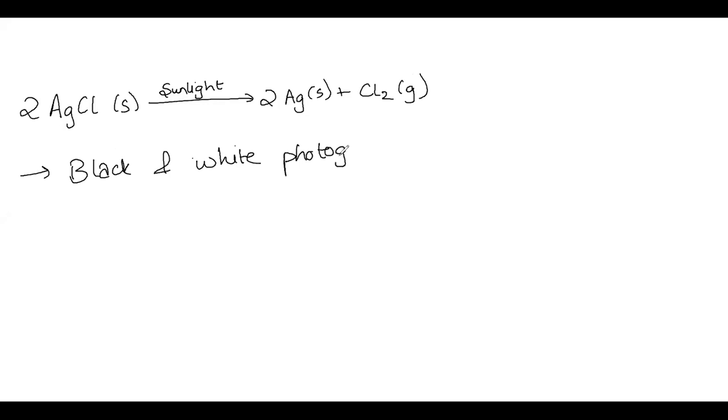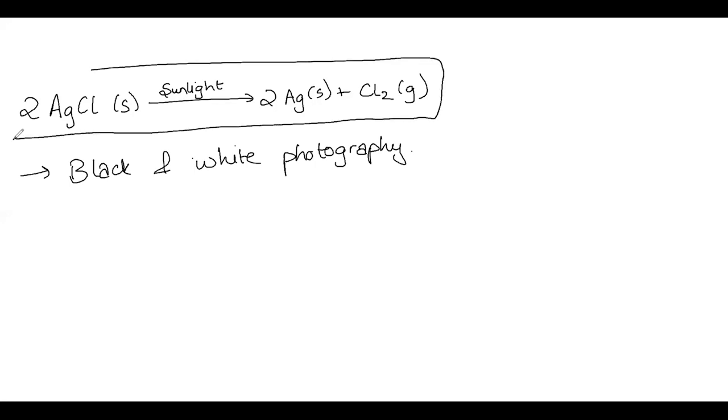So to answer your question as a whole, I'd like to say that when silver chloride is exposed to sunlight, it undergoes decomposition reaction, and this is the equation of that reaction. And to give you one use of it, it is used in black and white photography.